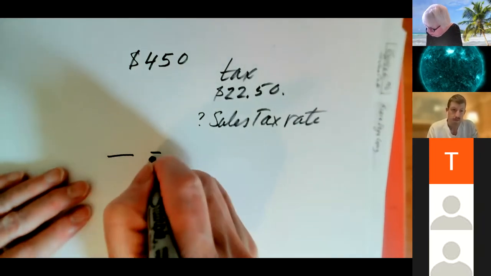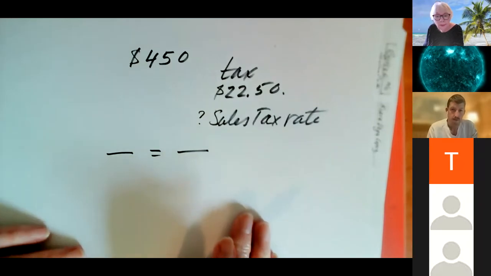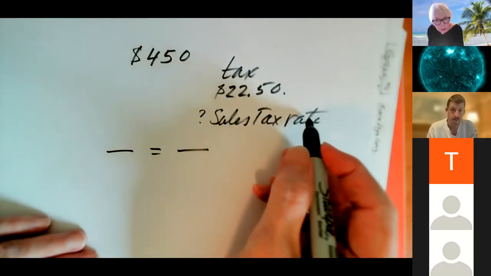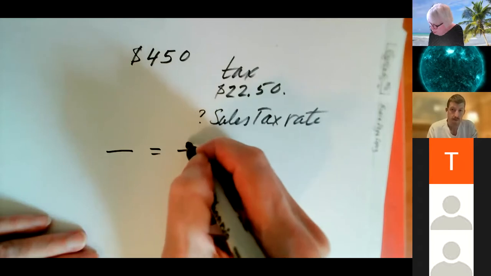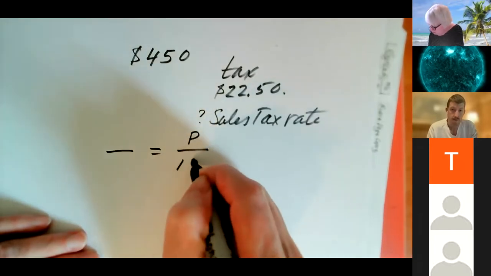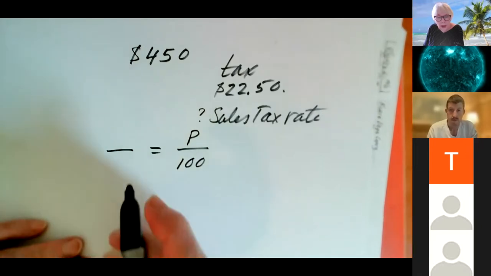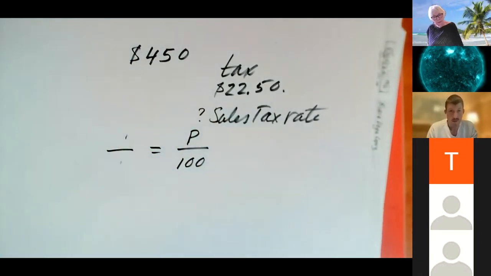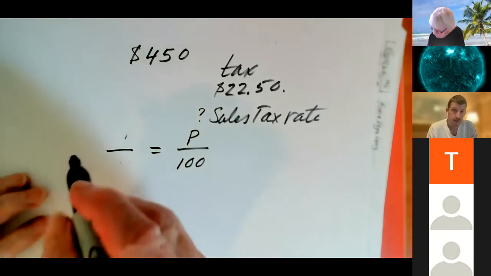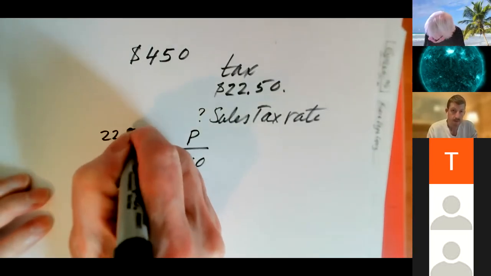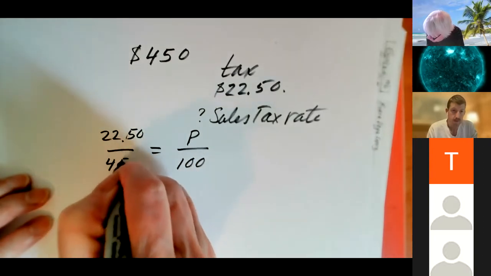I'm starting to go for this. We don't know the percentage, do we? I'm going to use P per percent. What goes here and what goes here? 2250 on top, 450 on the bottom. 2250, 450.